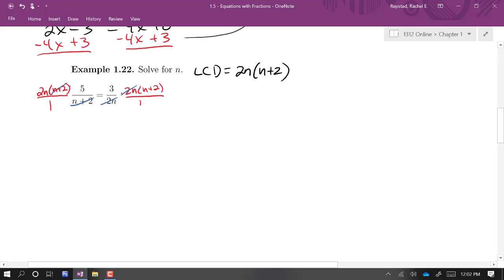On the left side, 2n times 5 is 10n. On the right side, I have 3 times the parentheses n plus 2, another linear equation, which we know how to solve. So I'll distribute that 3. Let's subtract 3n. Get all of our n's on one side.